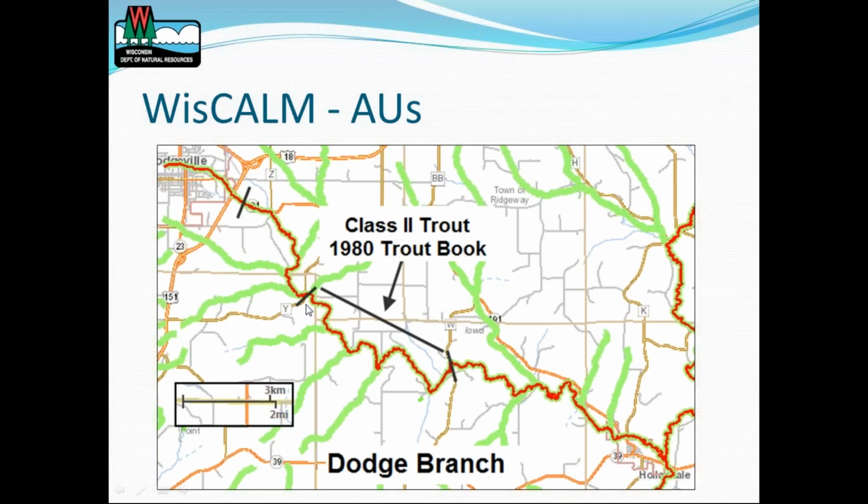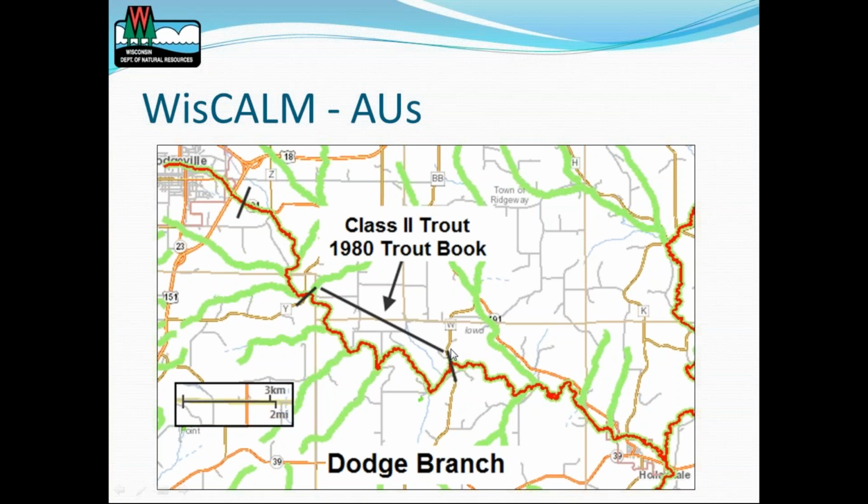So it's not necessarily on a confluence of any sort, but it's in code and this is where we have it delineated. Any changes in this length would have to go through our fisheries biologists and then through code, essentially.